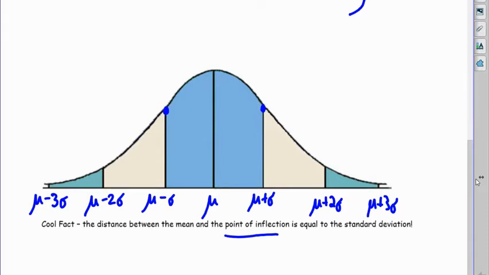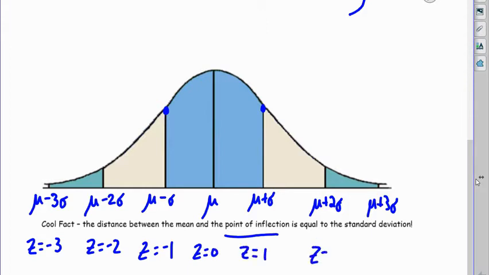So just below here, I'm going to put that my z-score here would be -3. My z-score here would be -2. This would be a z-score of -1. This would be z equal to 0, z equal to 1, z equal to 2, and z equal to 3.